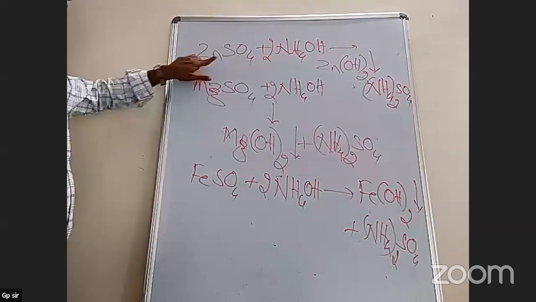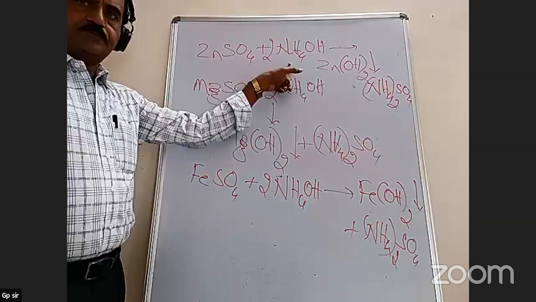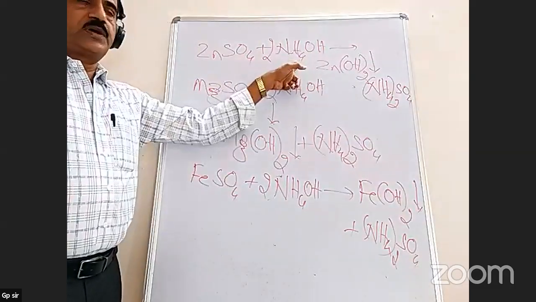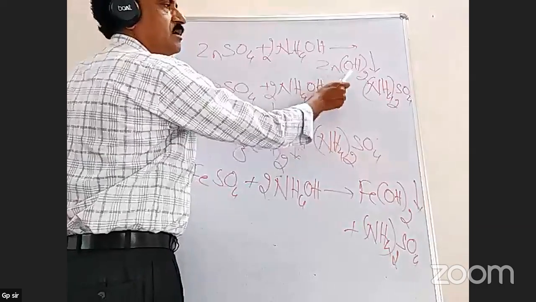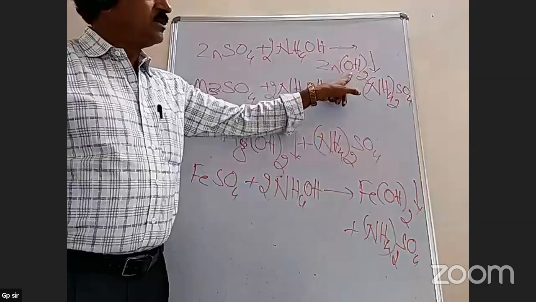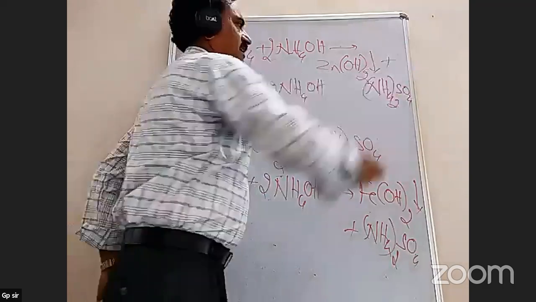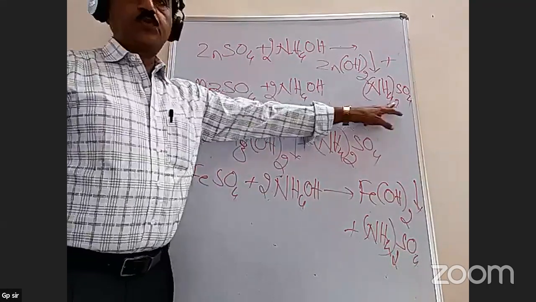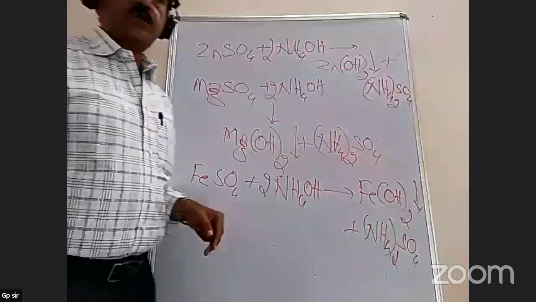Write down the reaction: ZnSO4 plus 2NH4OH gives Zn(OH)2, with a downward arrow mark indicating that it is a white colored precipitate, plus (NH4)2SO4.